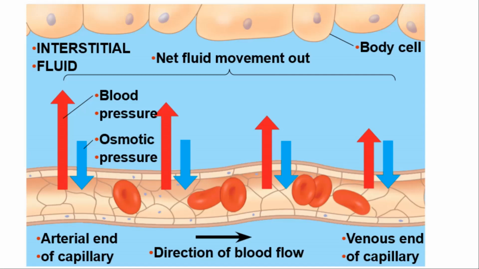That will occur through both blood pressure and osmotic pressure, which help with the movement of molecules across the membrane. And again, we're going to see a lot of diffusion, because the carbon dioxide is going to diffuse into the blood from where it is in high concentration to where it is in low, and the oxygen in the blood is going to diffuse out to where it is in low concentration.